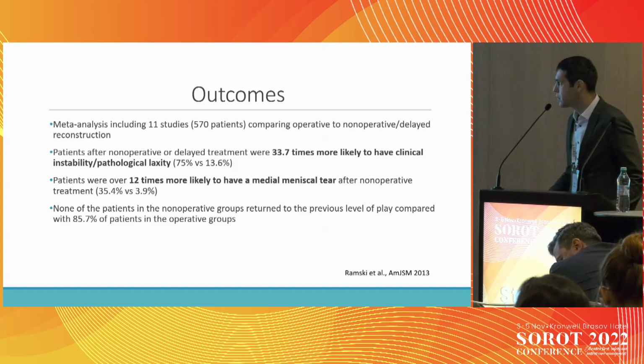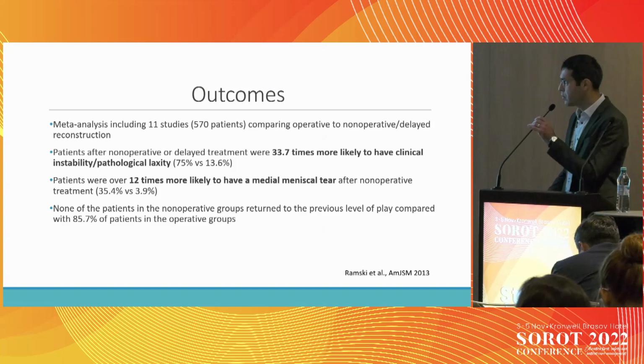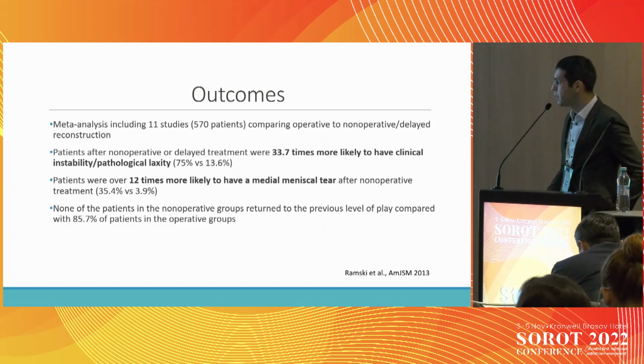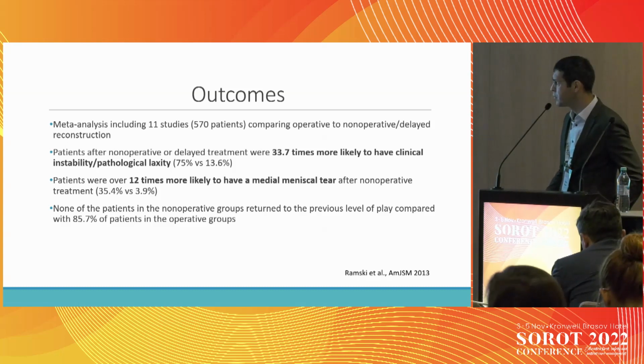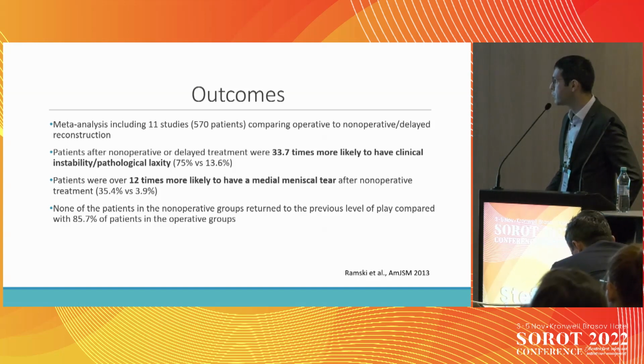And now let's take a look at the literature, which presents the outcomes of this type of surgery. We have this meta-analysis published in 2013, comparing operative to non-operative treatment in this patient group. It was demonstrated that after non-operative treatment, patients were 33 times more likely to have clinical instability.